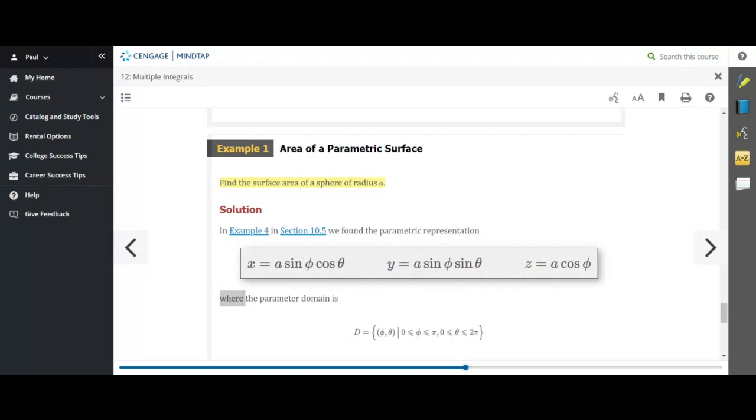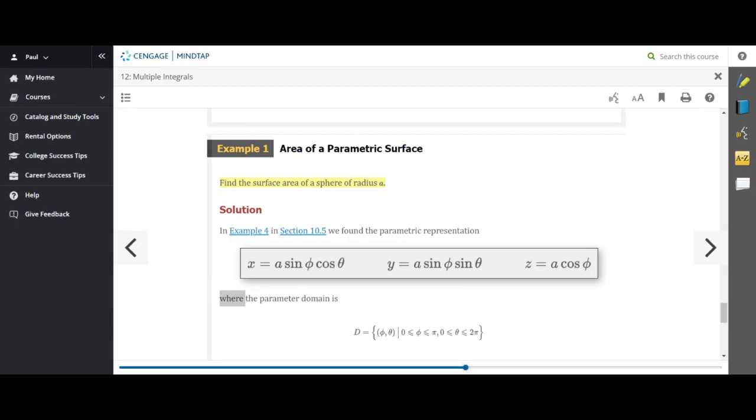Well, what we have to do is parameterize the sphere. So what are the parametric equations for the sphere? The radius A is some fixed value, but we will use as our parameters theta and phi. We did this before with the sphere, where we used theta and phi as our parameters.